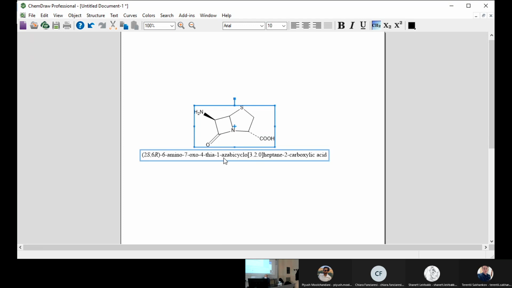What does this part mean? 1-azabicyclo[3.2.0]heptane. Heptane, please. 1, 2, 3, 4, 5, 6, 7.